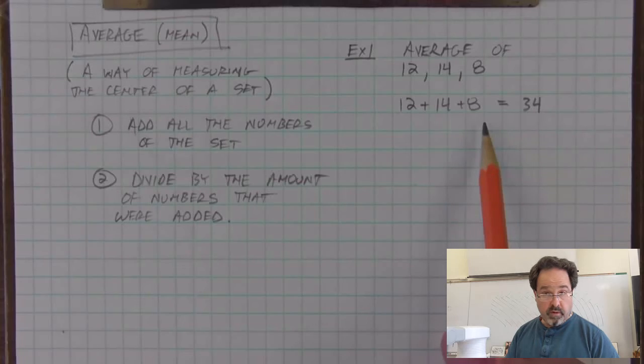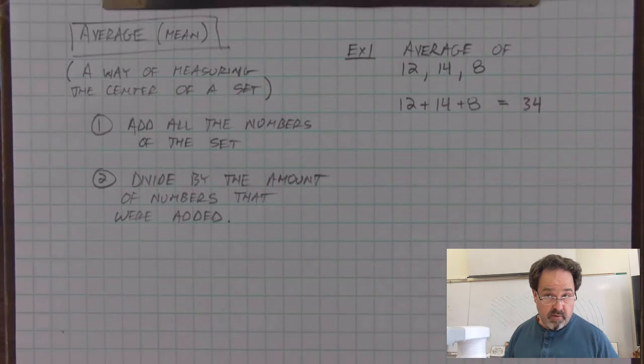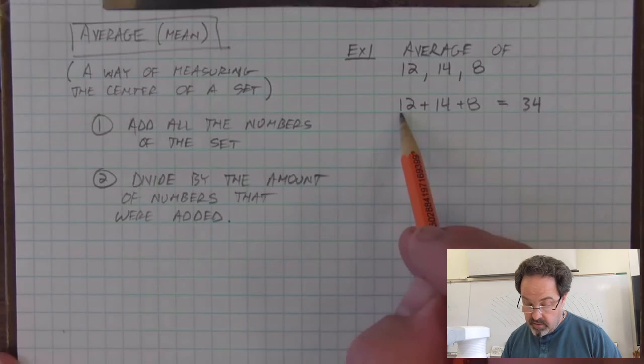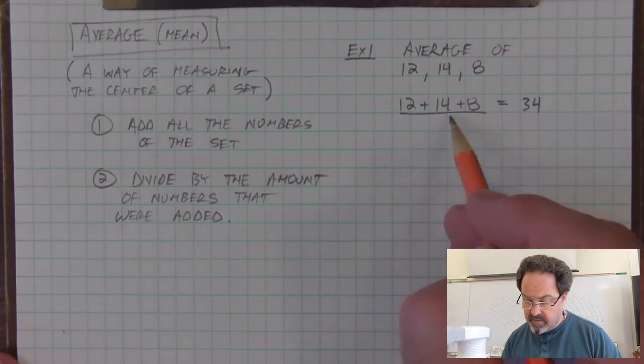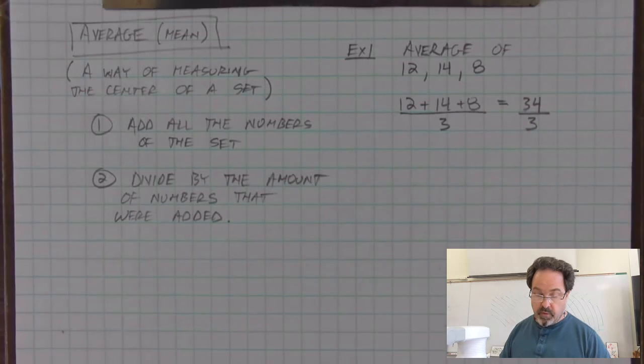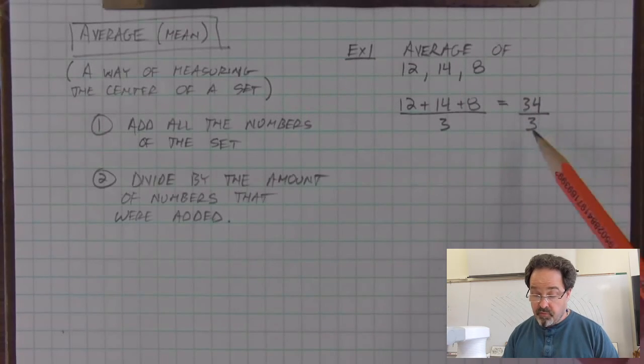We added three numbers. We could consider the size of this set to be 3. And if we divide by the amount of numbers that we added together, then we get our average. The average of 12, 14, and 8 is 34 over 3.